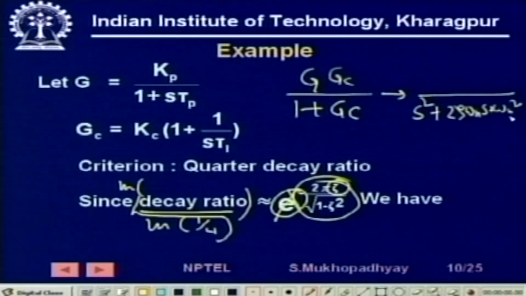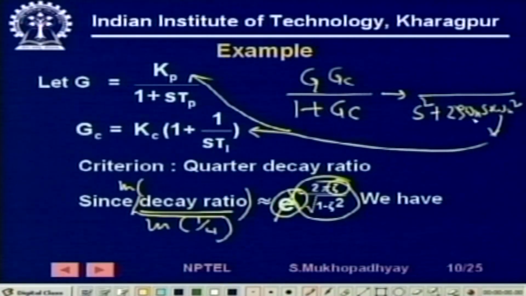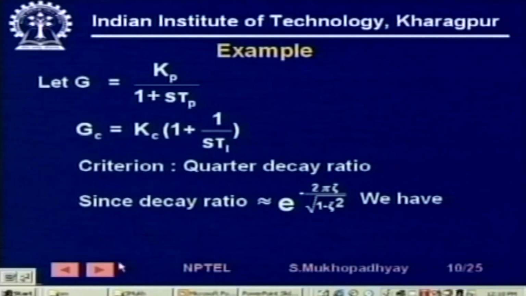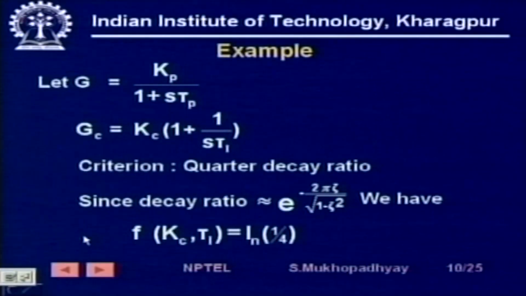So it will turn out that omega n is also a function of these parameters, and zeta is also another function of these parameters. So this zeta is going to be some function of Kc and Ti. So that's what we are saying, that if we try to solve this, finally it turns out to be an equation of the type, we'll get an equation f of function of Kc and Ti is equal to ln of 1/4.